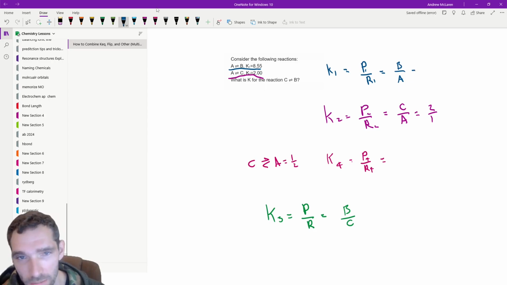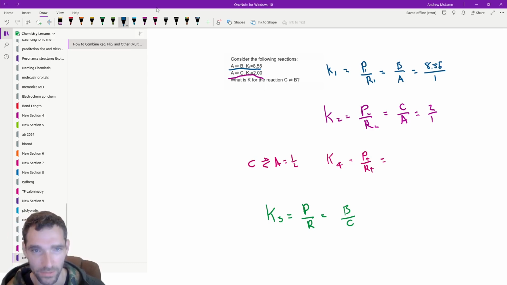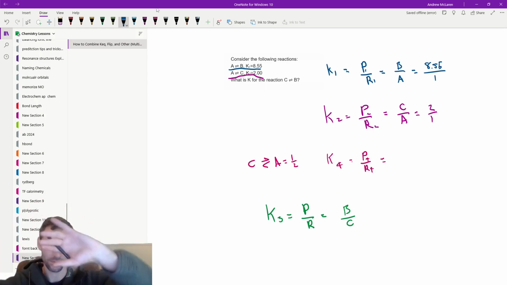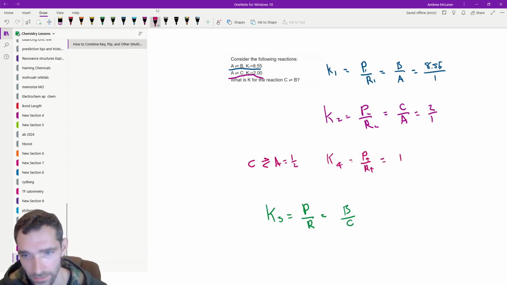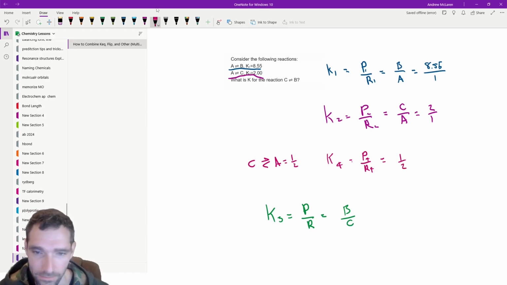And you could think about this 8.5 as 8.5 all over 1 as well, in a similar regard. But we don't have to flip or invert the K1 for combining these two. So K4, whatever that number actually is, will have a value when you put those two together of 1 over 2.